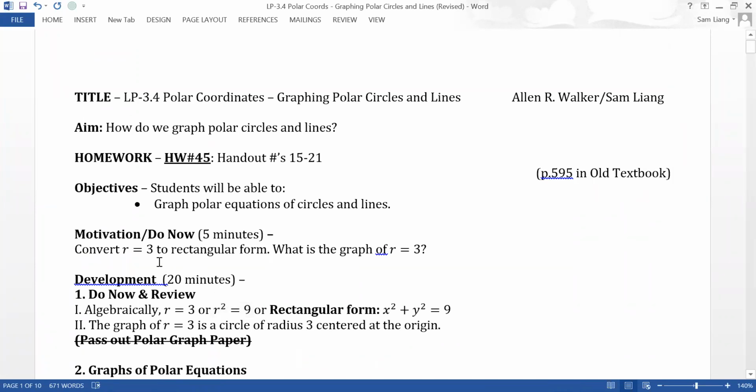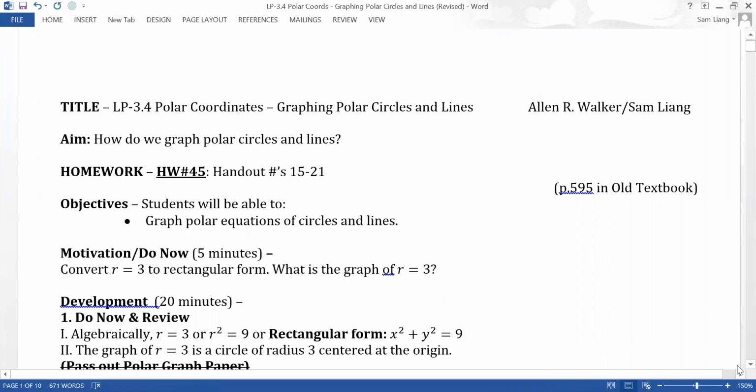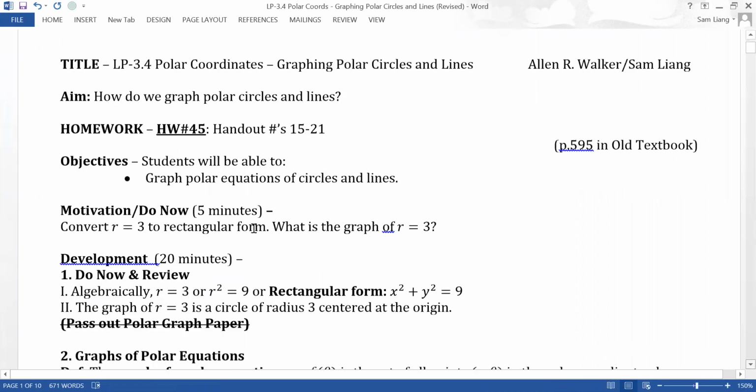Now you might be tempted to multiply both sides by r, you get r squared equals 3r. But the reason that doesn't work is because 3r is an expression we're not familiar with, right? We can't do anything with 3r. So we're going to square both sides to get r squared, right?